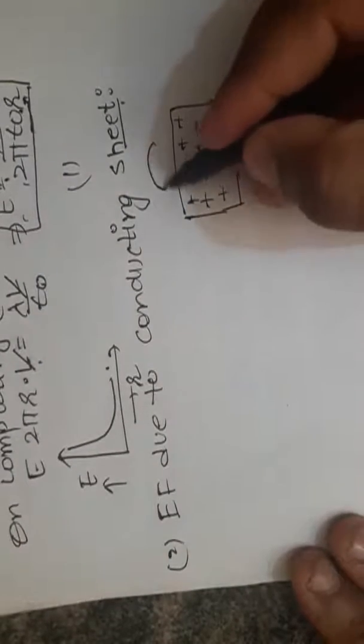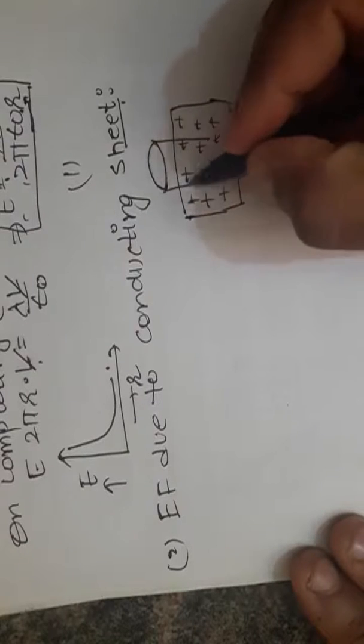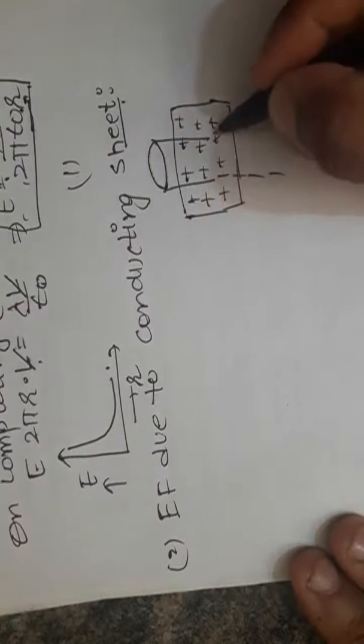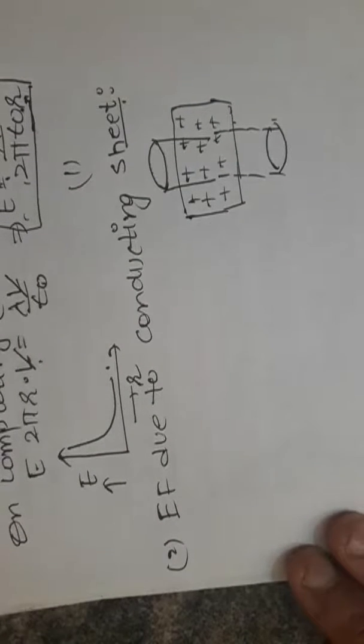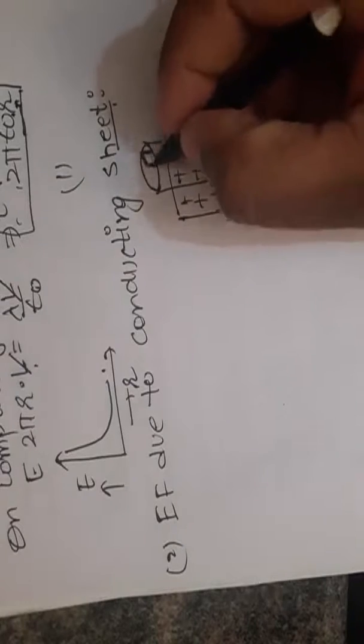Let us draw a Gaussian surface again in the form of a cylinder. You know that in the previous case we cut the surfaces into S1, S2 and S3.